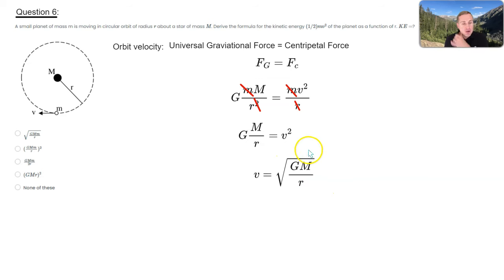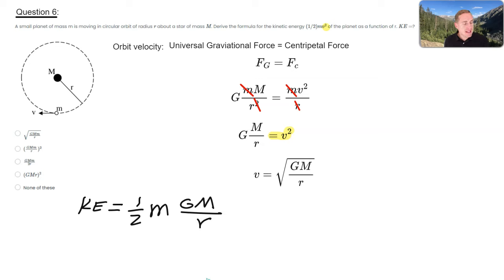But we can either use this orbit velocity equation in the kinetic energy equation, or just use the equation for v squared. In fact, I think the v squared is going to work even better. So this v squared equation can go right in here for v squared. And what do we get for the kinetic energy? We just get that the kinetic energy is equal to 1/2 lowercase m times, now v squared is just big G capital M over r.